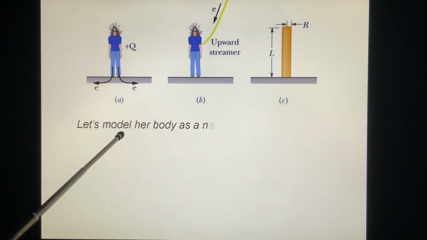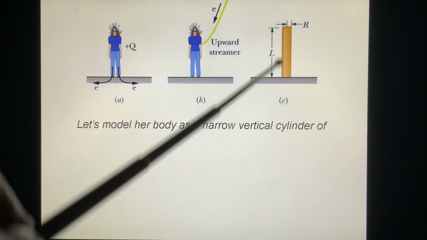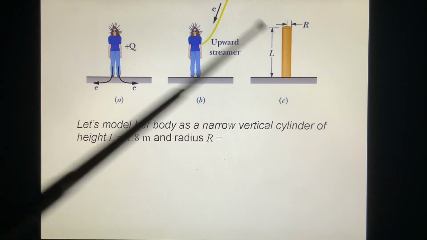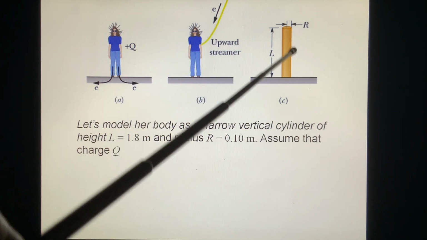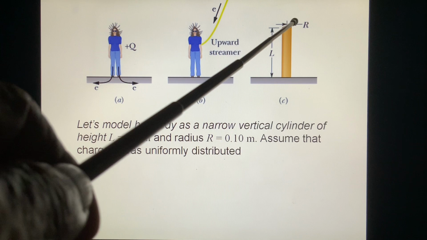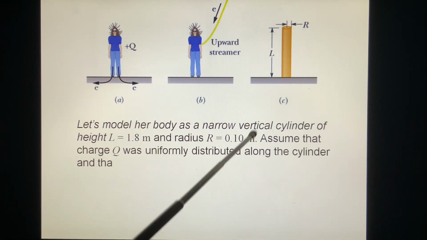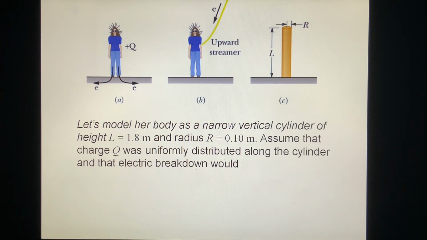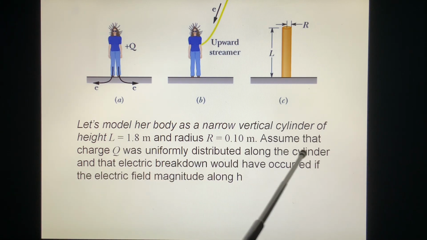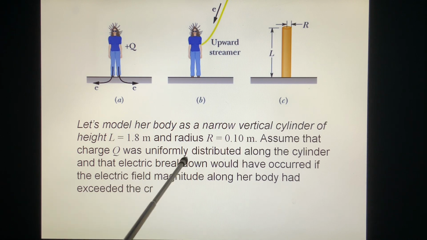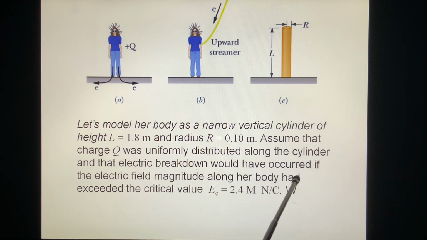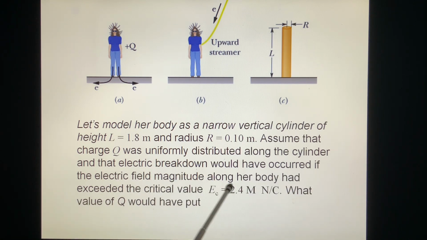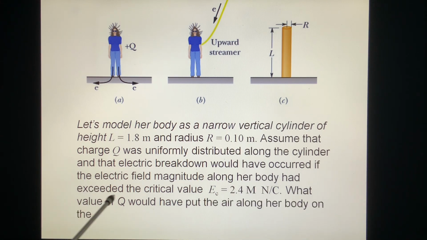Now let's model her body as a narrow vertical cylinder of height L equals 1.8 meters and radius 0.10 meters. Assume that charge Q was uniformly distributed along the cylinder and that electric breakdown would have occurred if the electric field magnitude along her body had exceeded the critical value E critical of 2.4 million newtons per coulomb.